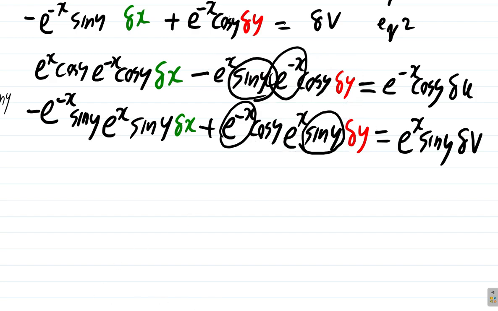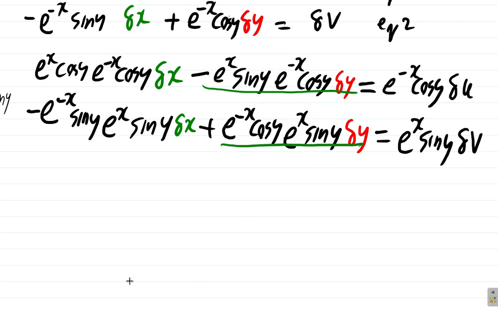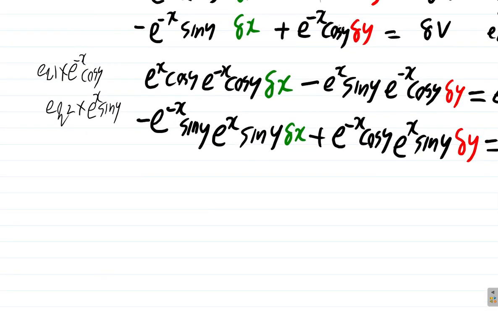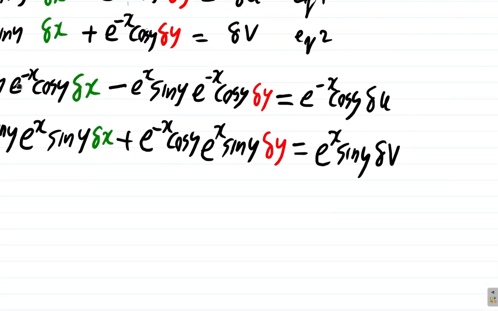So we see that this and this are the exact same thing, except of course for the minus sign. So let us add them together and see what happens. We're going to have these two new equations. If we want, we could call this equation 3 and this equation 4, right?